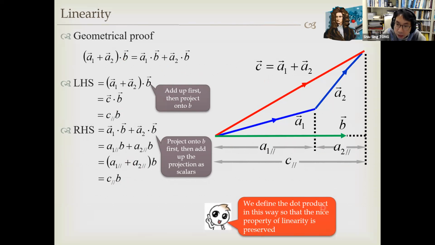Now, we actually define the dot product in this way to preserve the property of linearity. If the dot product is not defined as a projection, you will find that the property of linearity will not hold. Let's examine this.